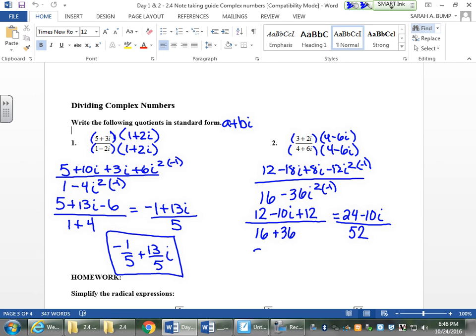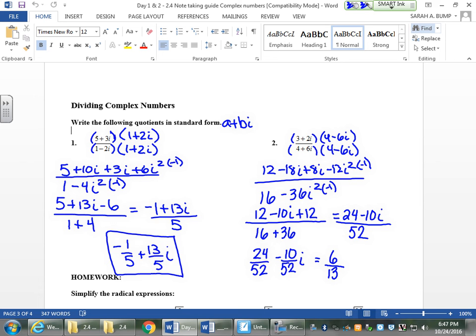Separate them. And this time, though, when you separate them, these fractions can be simplified. So I'm going to divide the first fraction both by 4. So when I do that, I'm going to get 6 over 13.